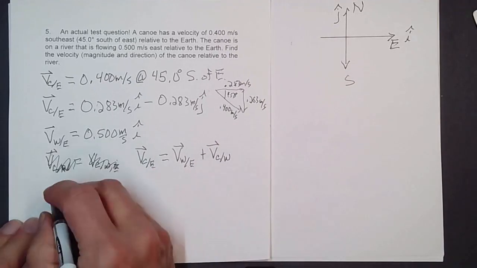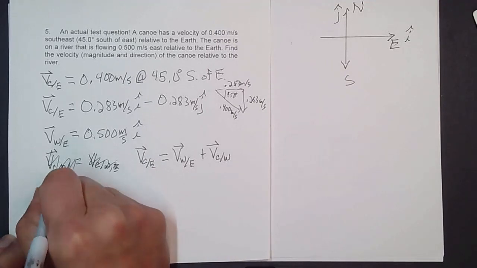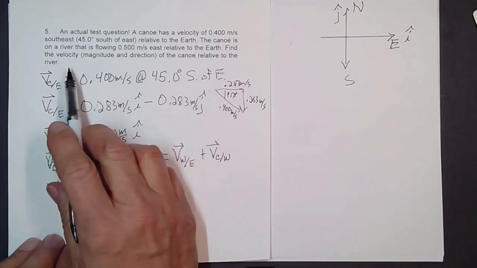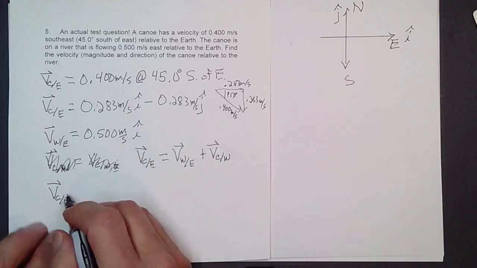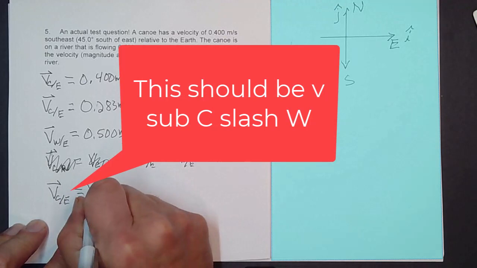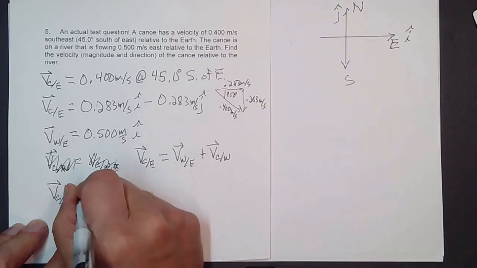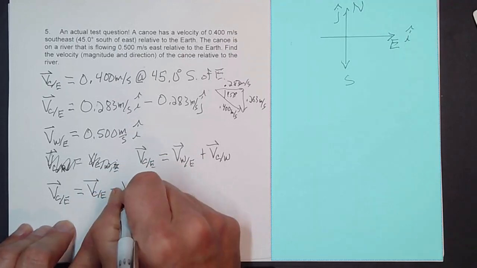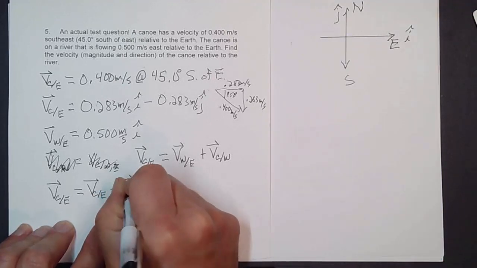So the velocity of the canoe relative to the water, I'll be able to figure it out in i hat, j hat components easily, although they want it in magnitude and direction, but I can figure that out once I know the components. So it'll equal the velocity of the canoe relative to the earth, which they told me, minus the velocity of the water relative to the earth.